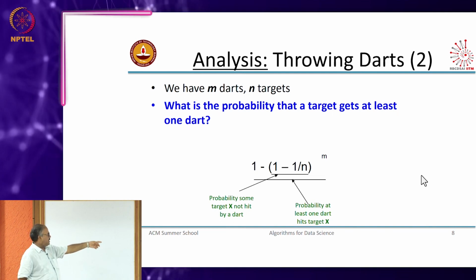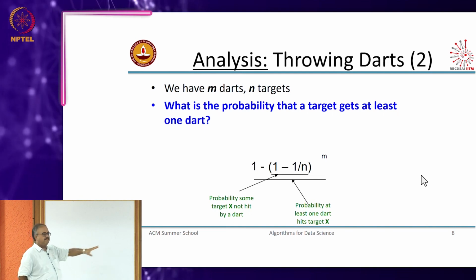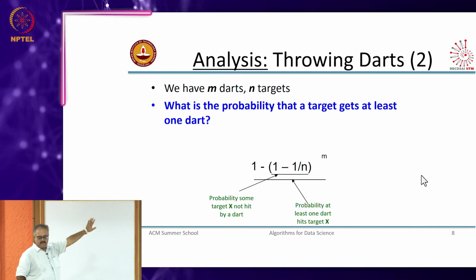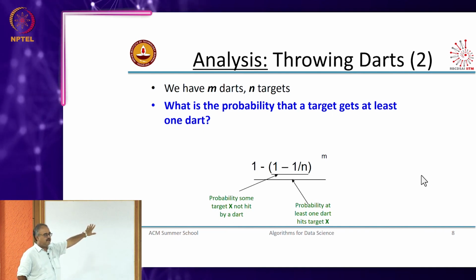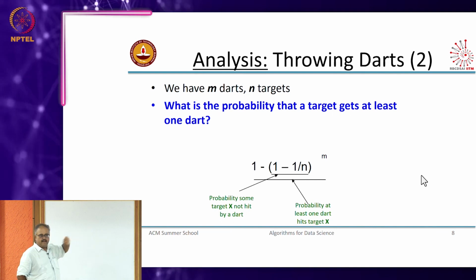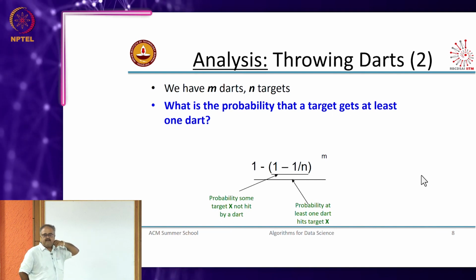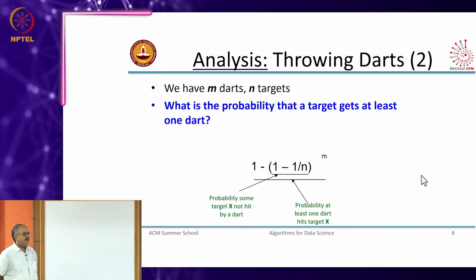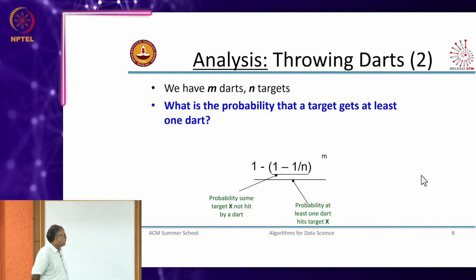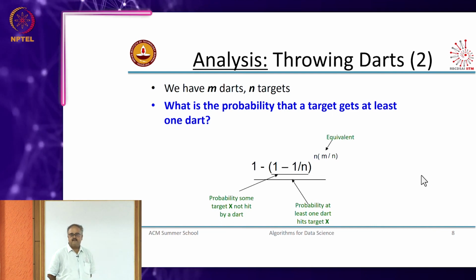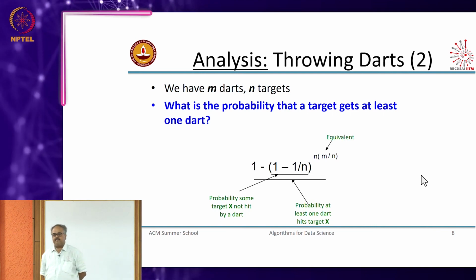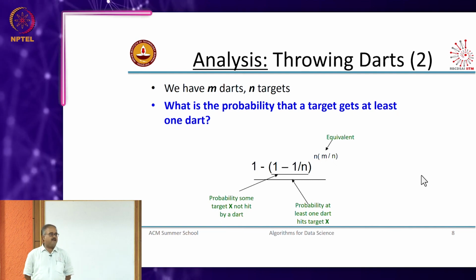So, (1 - 1/n)^m is the probability that all the m dots do not hit the target, and 1 minus that is the probability that at least one dot hits the target. That is just a multiply and divide by n.